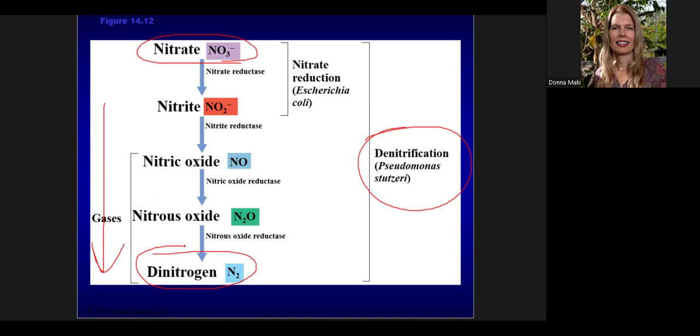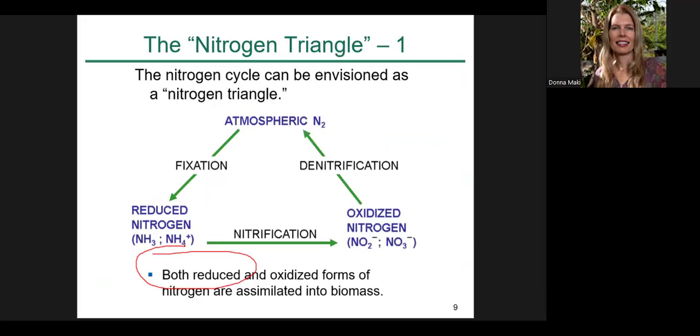I added this next slide in too, because sometimes people have had this maybe in environmental science classes or ecology classes. You might have seen this already. So what we were just talking about, the denitrification, is the idea of taking nitrate and converting it all the way to dinitrogen gas, which is up in the atmosphere.